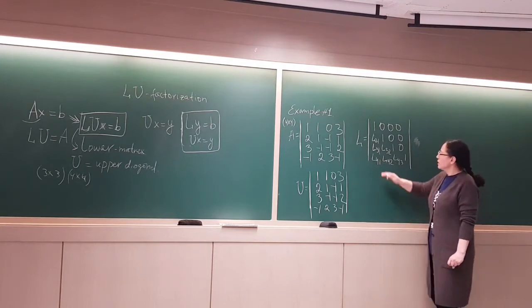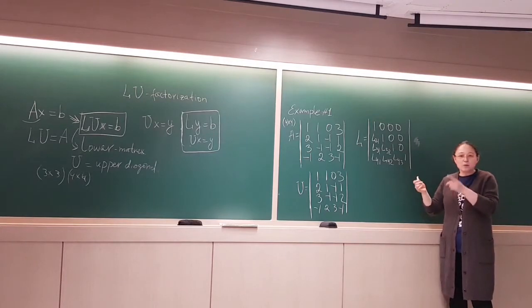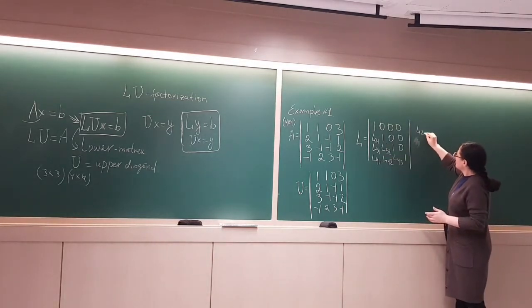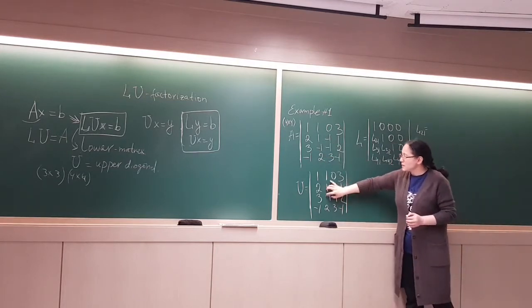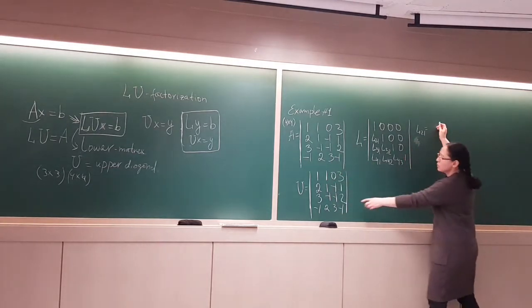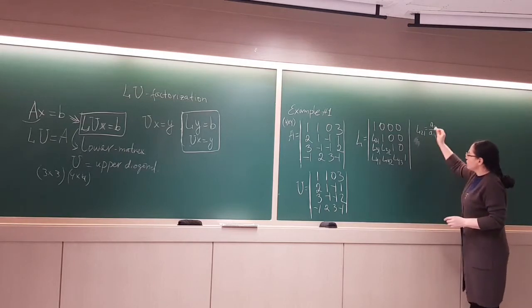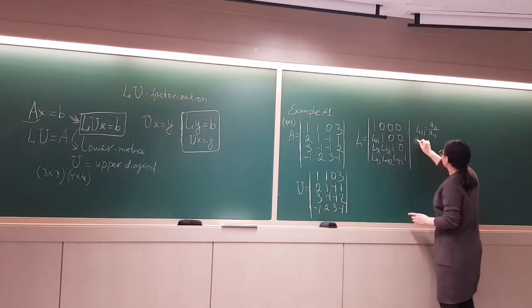How can we do it? I will write only one method, okay? You can find other methods also. L21, how do we find it? L21 is A21 divided by A11.